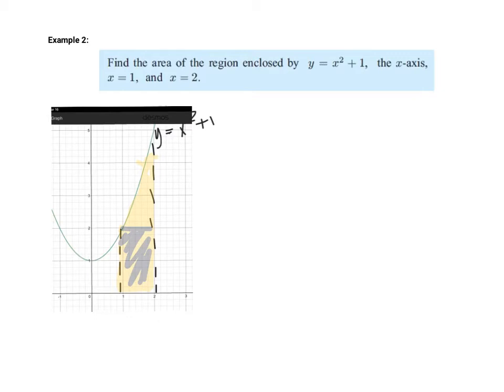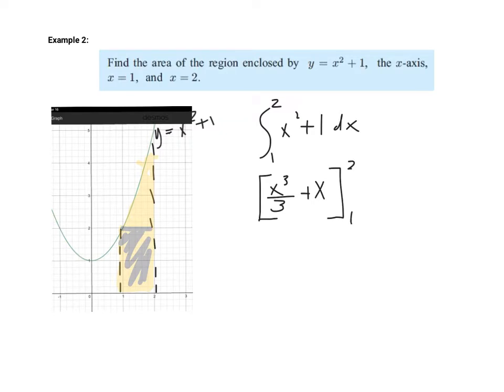So what we're looking for is the definite integral of x squared plus 1 dx between x equals 1 and x equals 2. So if we evaluate that, we end up with the integral of x squared is going to be x cubed over 3, plus the integral of 1, which is x, evaluated between 1 and 2.